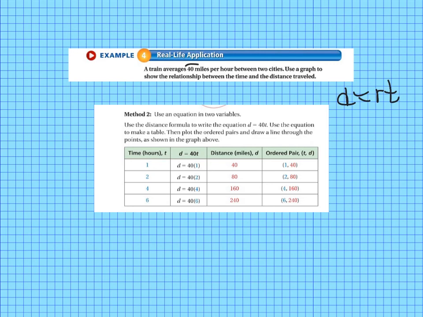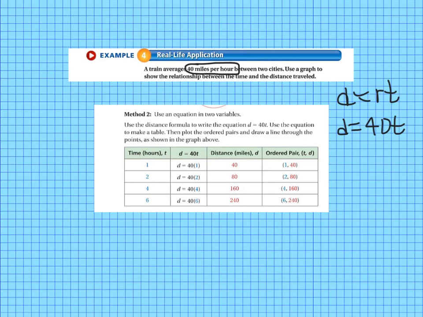So again, that 40 miles per hour is a rate. We're going to use the equation to make a table. Then we're going to plot the ordered pairs and draw a line through the points, just like we did the last time.